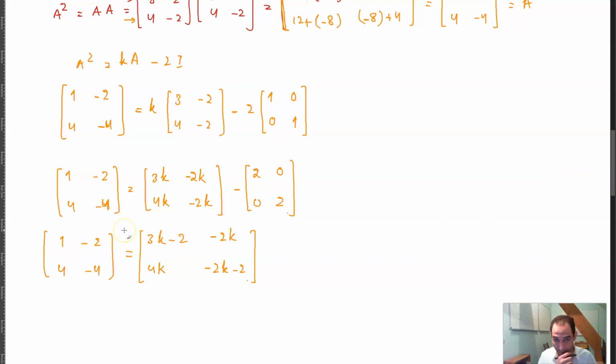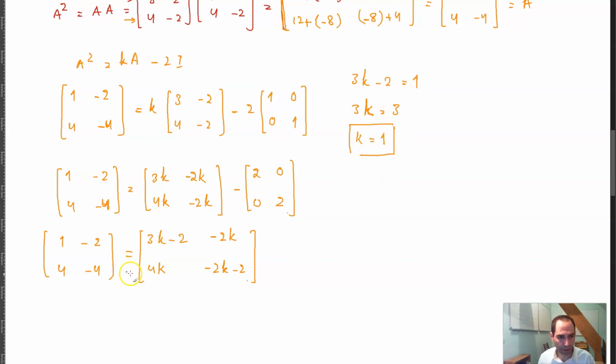For example, over here I have 3K minus 2 is equal to 1. 3K is equal to 2 plus 1, which is 3. That means that K is equal to 1.